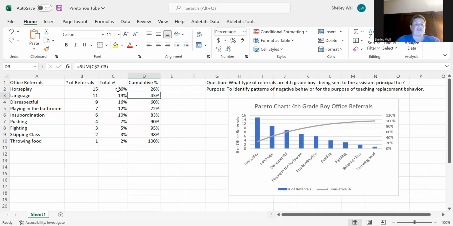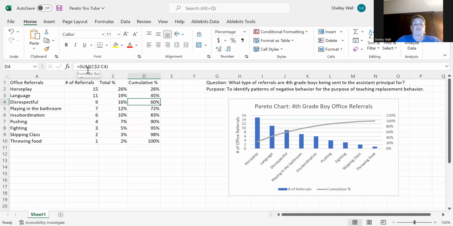These two together equal 45% of your referrals. You'll notice I inserted the dollar sign here to keep this number the same. You've got to anchor this number so it doesn't change. You could drag it down, or you could go through cell by cell, which I did just to see if you get the same outcome, and you do.